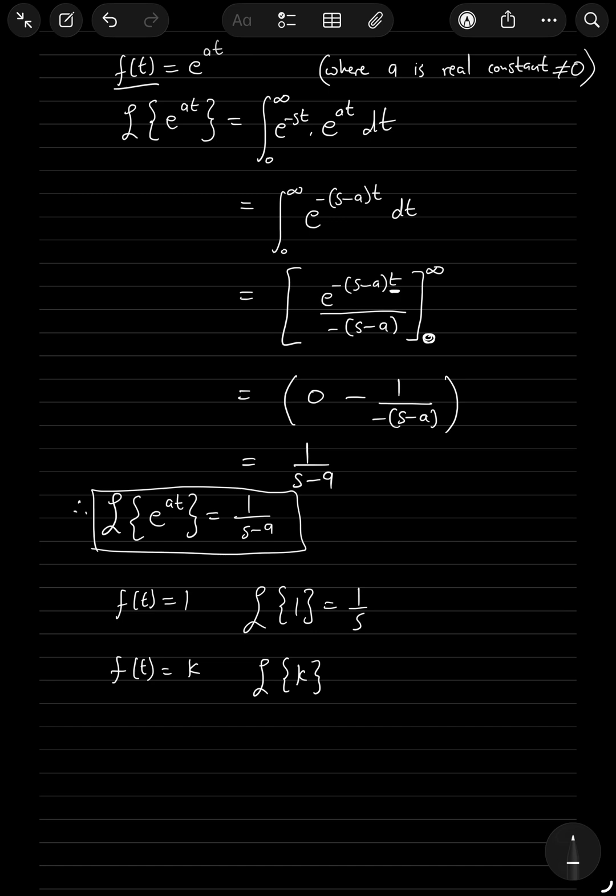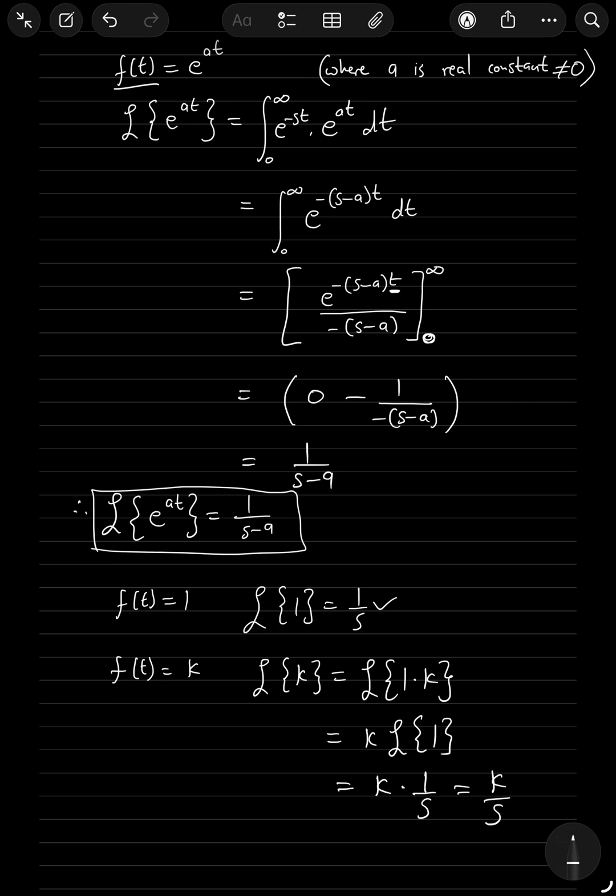This is the same thing as the Laplace of 1 times k, and we can factor out k. So k times the Laplace of 1. This is going to be 1 over s, which means it's k over s.